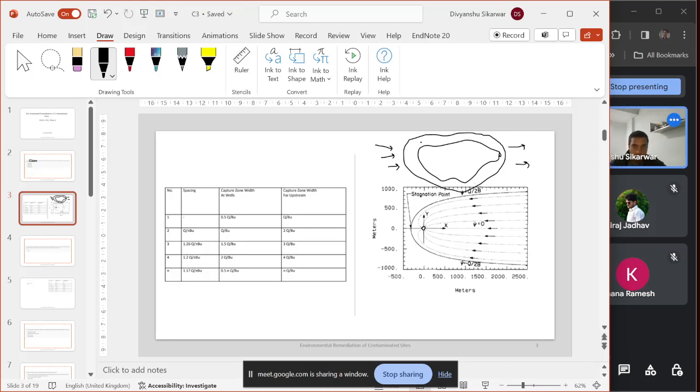Here we determine two types of width. If I make a well here, the zone will be something like this.